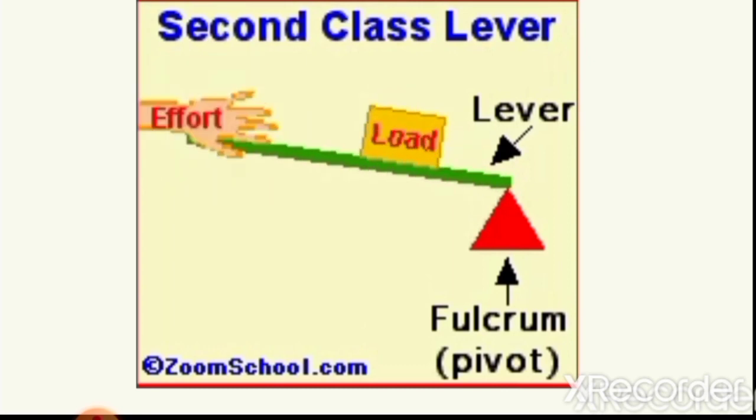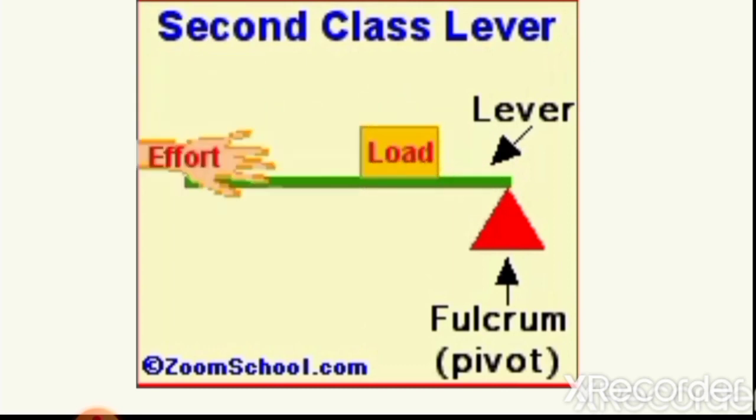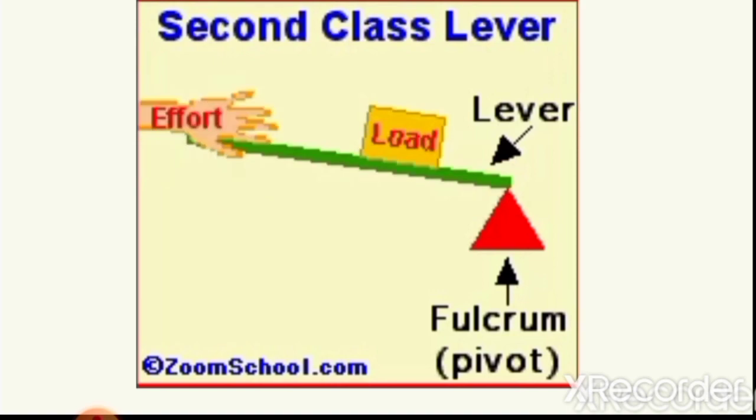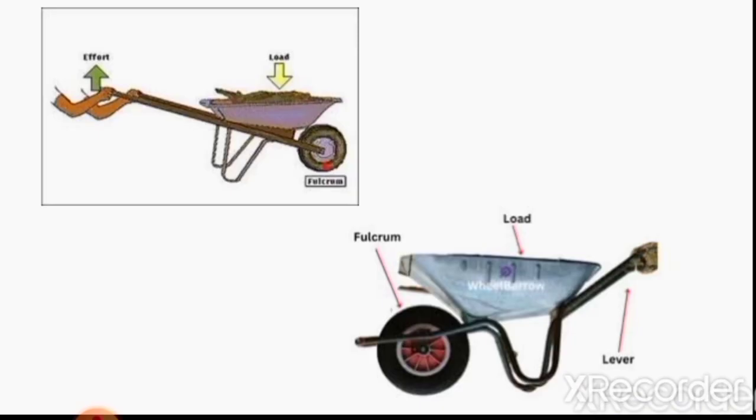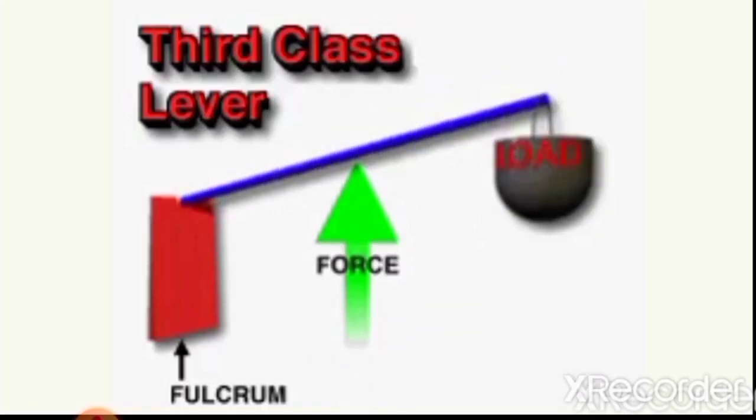The next is the second class lever. These usually have the fulcrum at the end, that is, the load is between the effort and the fulcrum. An example is the wheelbarrow. You can see that the wheelbarrow has the fulcrum at the point where the tire is joined to the edge of the wheelbarrow, while the space for the load is at the center.